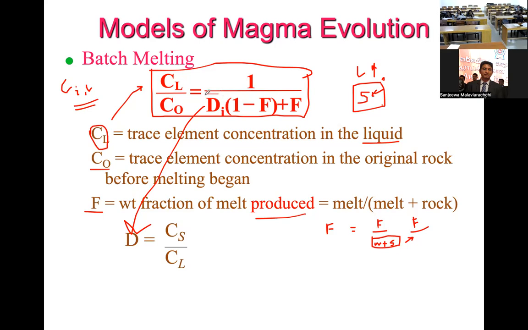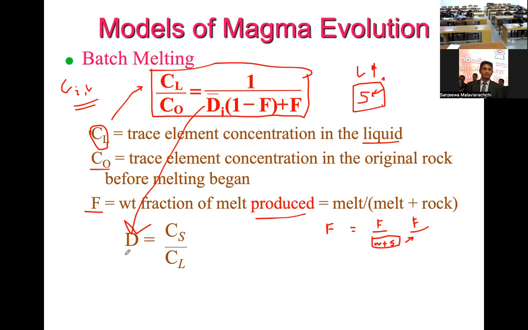But just keep in mind this particular D means the partition coefficient for this particular element that we are going to consider, because one by one, for each element, we have to take this equation for calculation, right? So if you are taking lanthanum, then for D also you have to take the partition coefficient of lanthanum with respect to that particular melt system. So mostly the mantle melting produces basalts. Okay, so you have to refer to the basalt table for partition coefficients in that case.